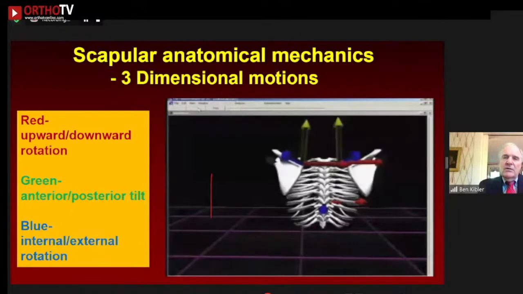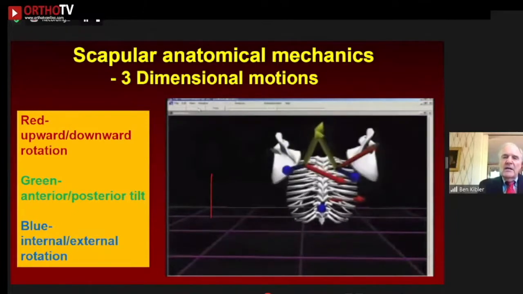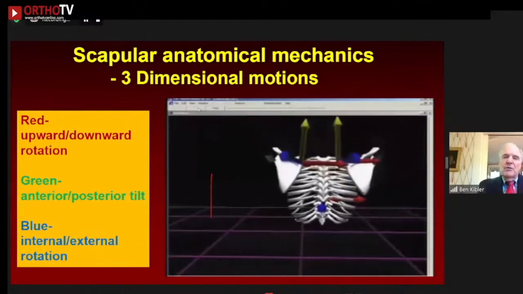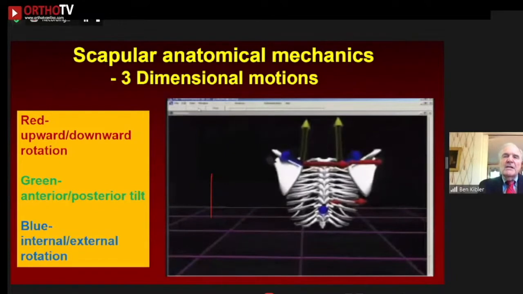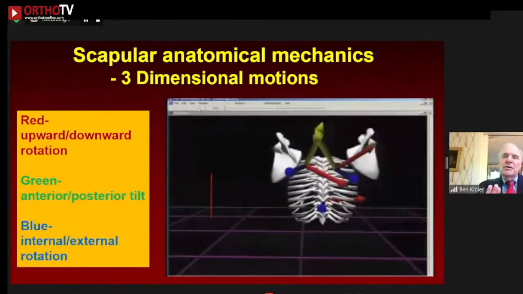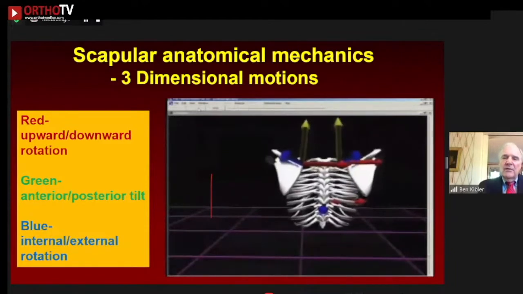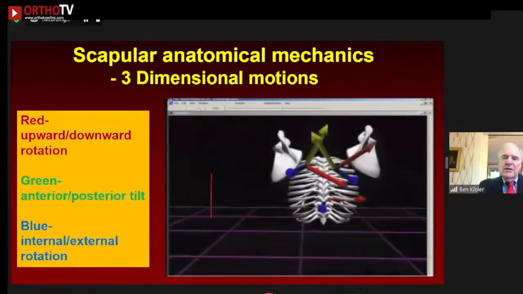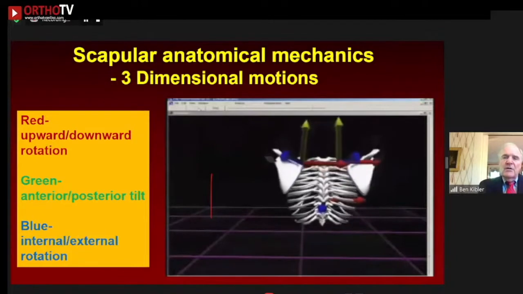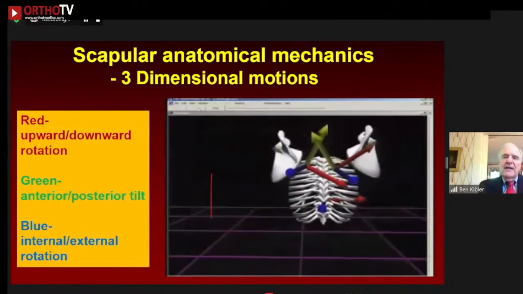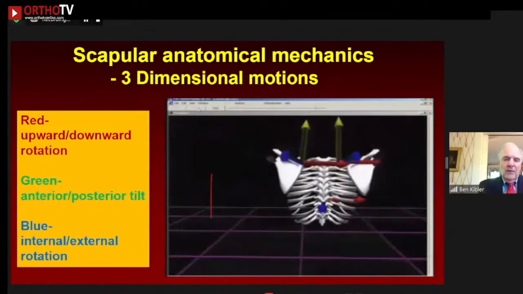As this starts, watching the red, the scapula moves into upward rotation. If you watch green, it goes into posterior tilt. And the blue, it goes into a little bit of internal, then goes to external rotation as the arm goes overhead. The result is placement of the acromion into the most advantageous position for arm function.